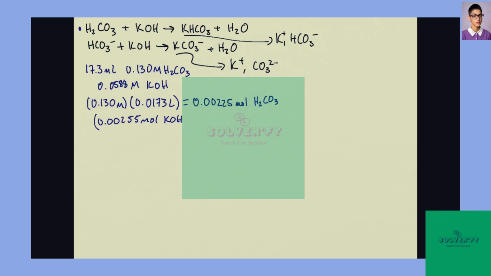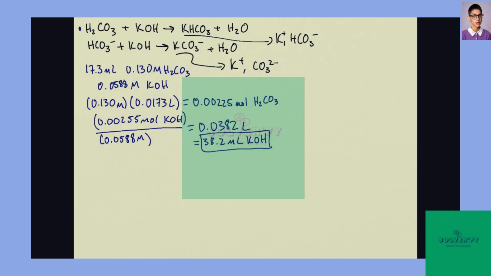So we just divide this by our molarity, 0.0588, to get a volume of 0.0382. This is also equal to 38.2 milliliters. Now once we've added this much KOH, we are at our first equivalence point.